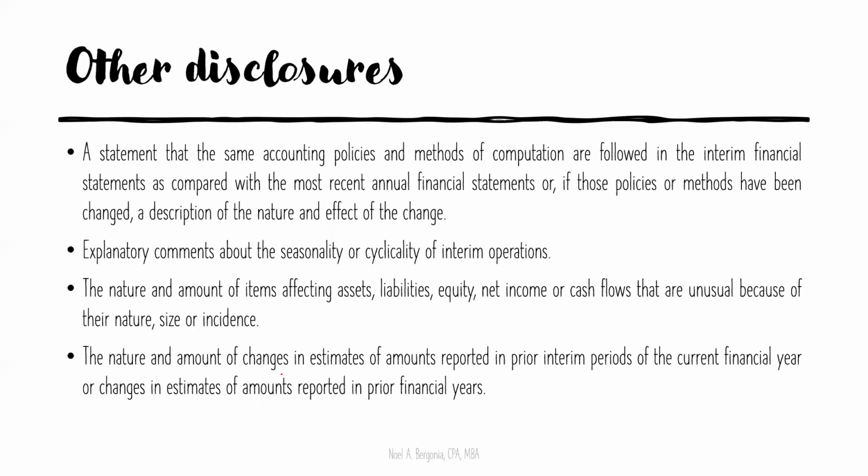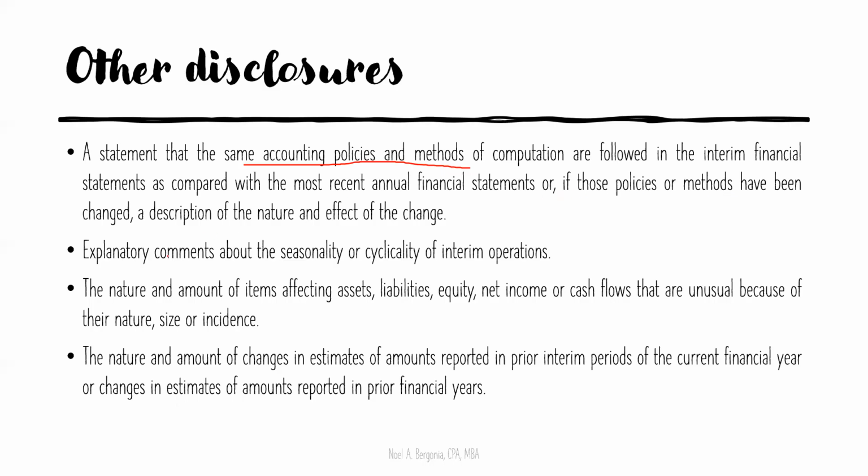Now, there are also other disclosures that we can write in our notes, such as the accounting policies. But take note that there should be a statement, as stated in the first bullet, that the same accounting policies and methods that we used in our interim financial reports, as compared with the annual, are almost the same. And whatever accounting policies we use in the interim, we should also put in our disclosures.